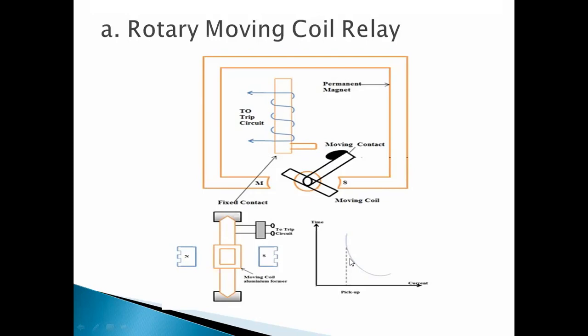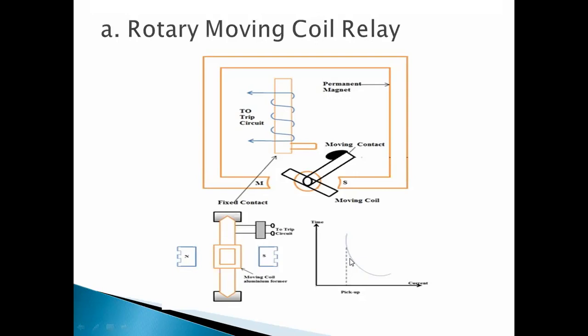When the current flowing through the coil increases, the time required for the operation decreases. We have seen the practical on electromagnetic relays, and in that we saw how the time required decreases when the current is increasing.